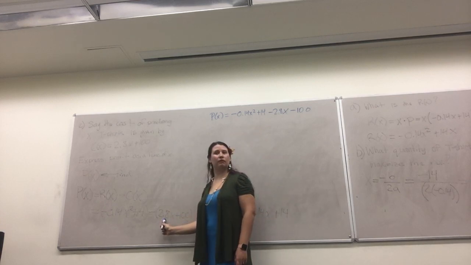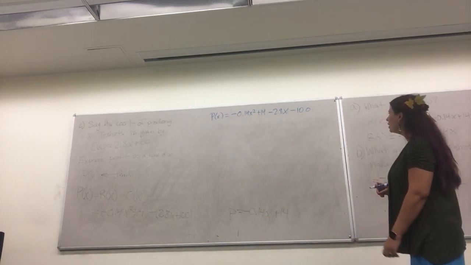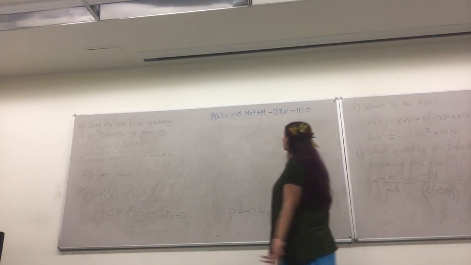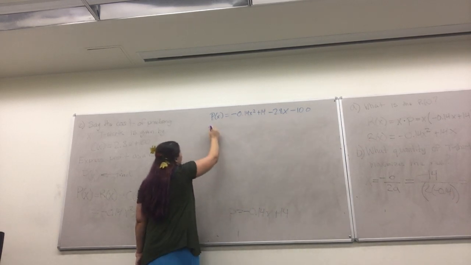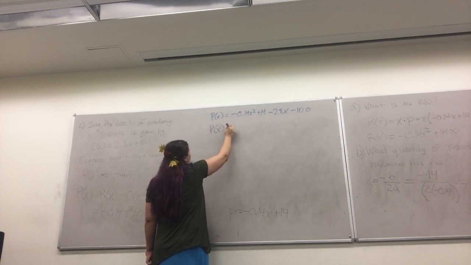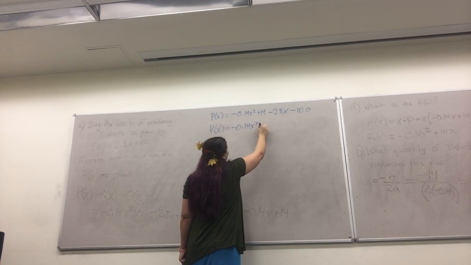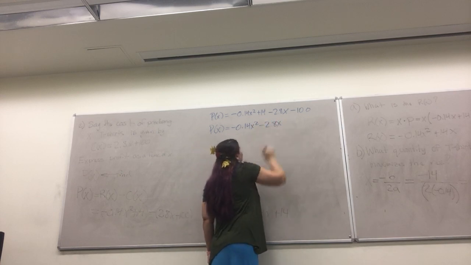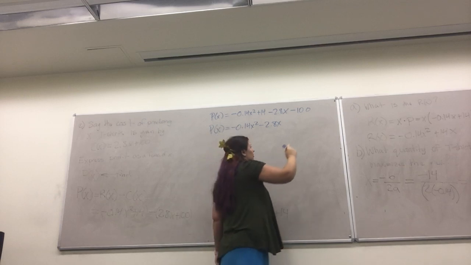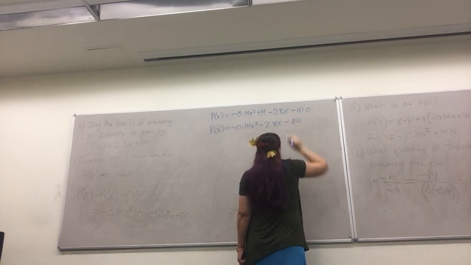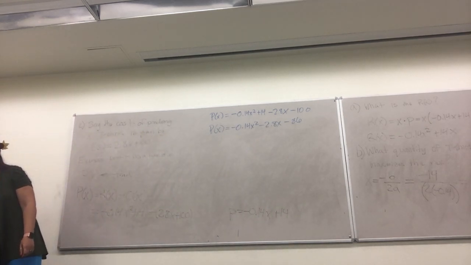No. Just distribute the negative, yeah. And then minus 100. So then combine like terms, which there's really only the 14 and the 100. So our profit equation is negative 0.14x squared minus 2.8x. And then what is that? Negative 86. So that is our profit equation.